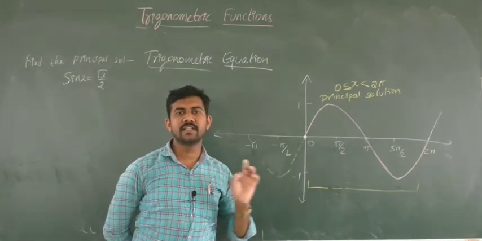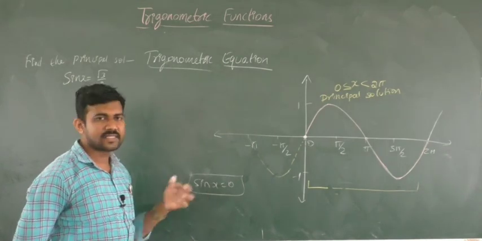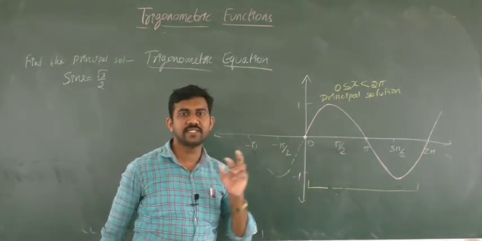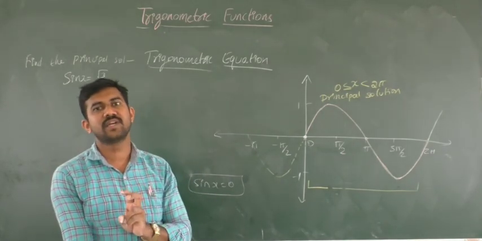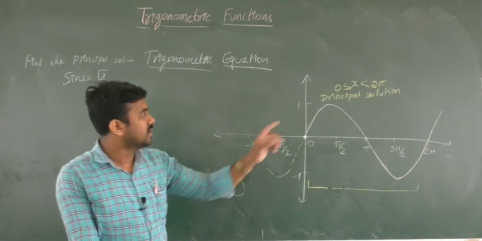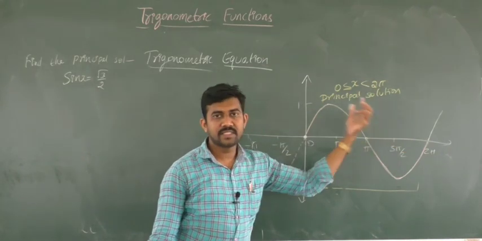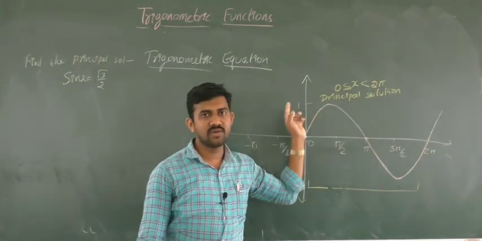Not three solutions, only two principal solutions we are getting. Here x is not equal to 2 pi, which is in the range 0 to 2 pi, including 0, excluding 2 pi.